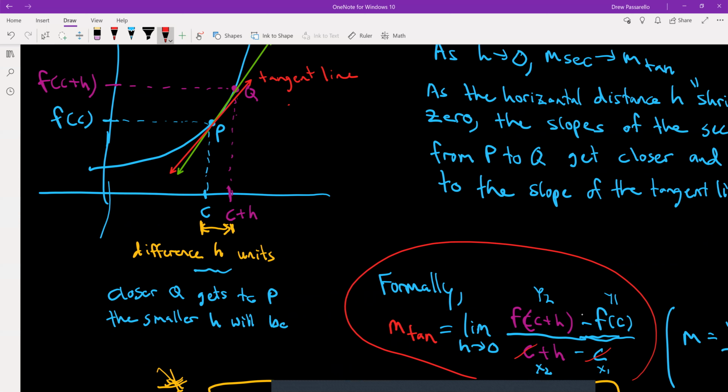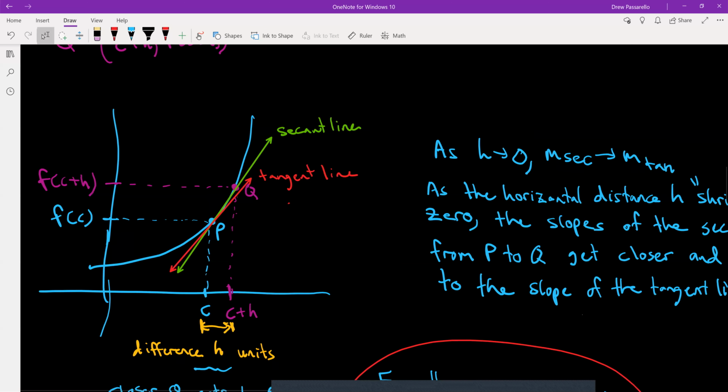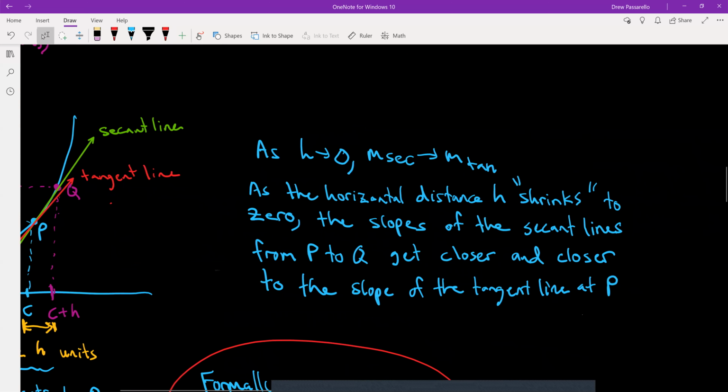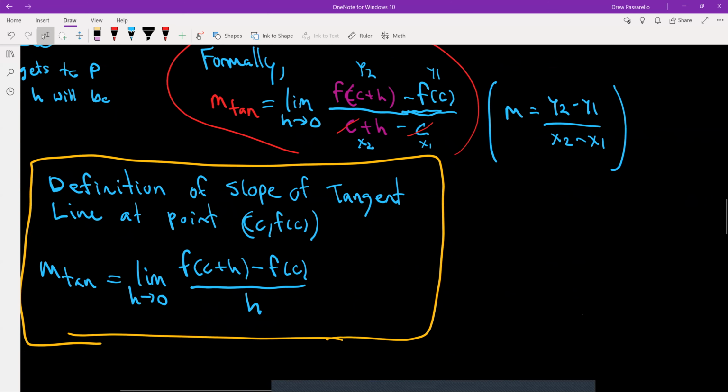If that distance h goes to 0, that's like doing c plus some really small number, and it's getting closer and closer to point P. So the green line, if I make Q get closer and closer to P, will eventually mirror the red line, the tangent line. And that's how we can get the slope of a tangent line, using a limit process involving secant lines. That limit process is saying as h approaches 0, the slope of the secant lines approaches the slope of the tangent line. And that's what this formula represents.